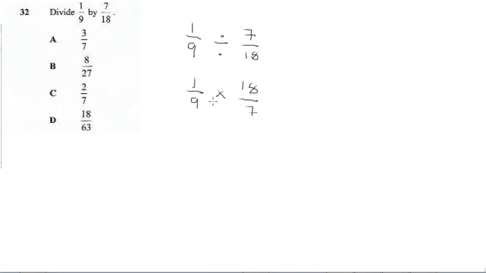The easiest way is to find a number that can go into opposite numbers. 1 is opposite the 7, 9 is opposite the 18. Is there a number that can go into 9 and 18 without leaving a remainder? Yes, and that number is 9. 9 into 9 gives us 1. 9 into 18 gives us 2.